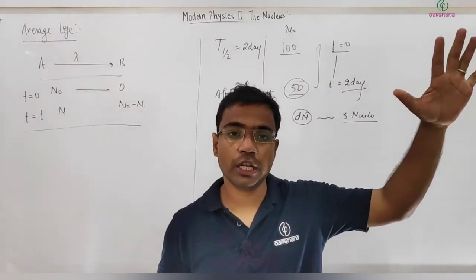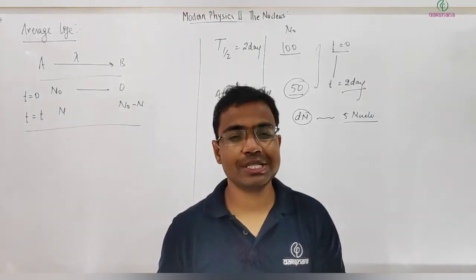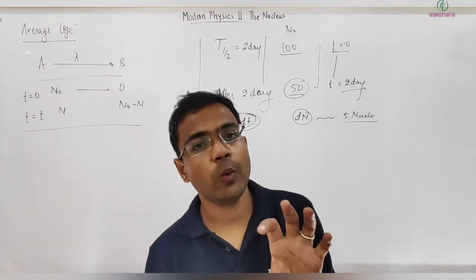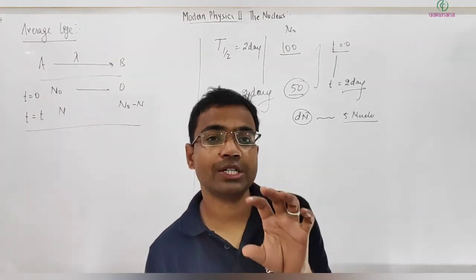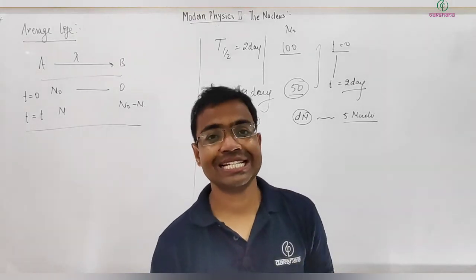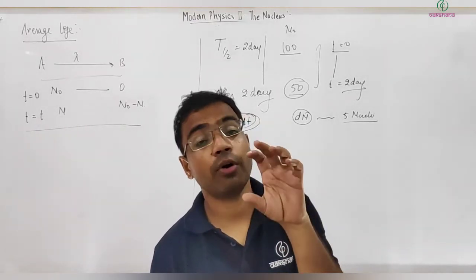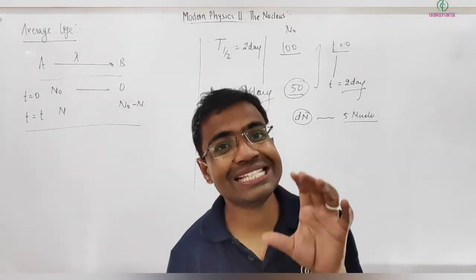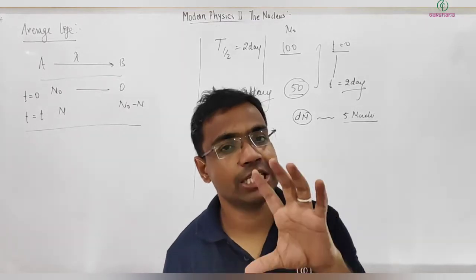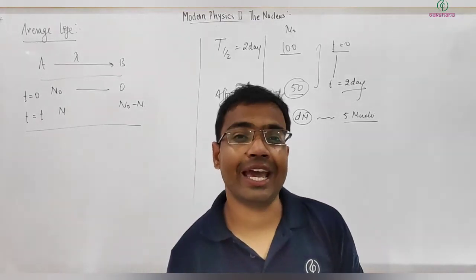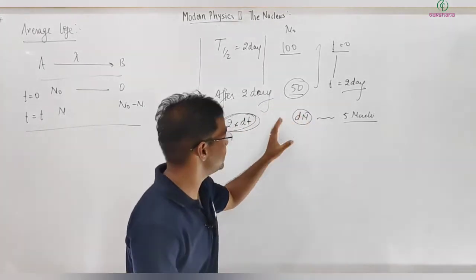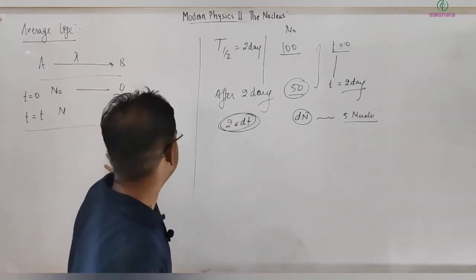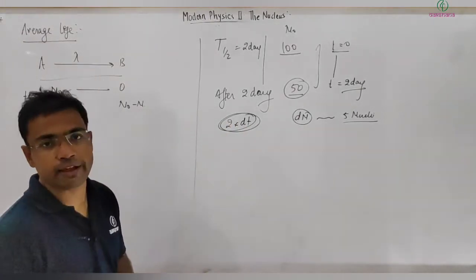If I divide that by the total number of nuclei, I get, on average, for what duration each nucleus is living. Understanding? This duration is termed the average life. I hope you are clear with this point. Let me do the calculation part and get the expression for average life.